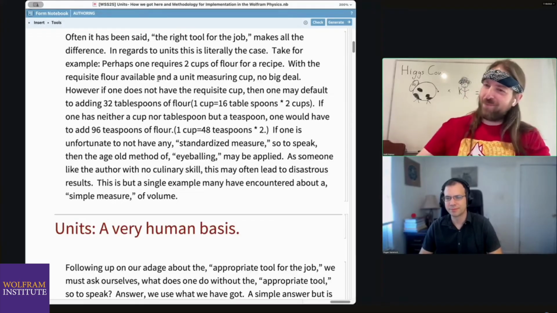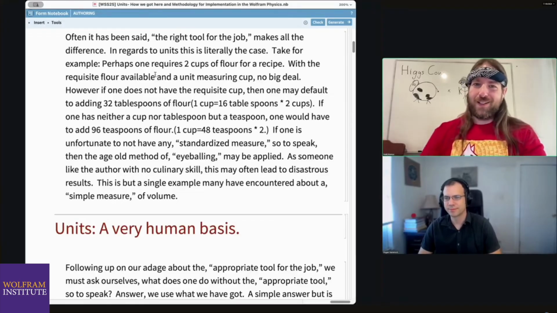You just fill it up, you put 2 cups in, you're good. Now, however, if one does not have the requisite cup, then one may default to adding 32 tablespoons of flour, because 1 cup equals 16 tablespoons, times 2 cups. If one has neither a cup nor a tablespoon but a teaspoon, one would have to add 96 teaspoons of flour, because 1 cup is 48 teaspoons, times 2 cups.